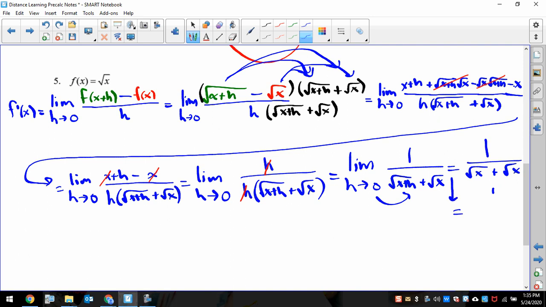So this is going to be 1 over 2 square roots of x. Again, this is called the derivative. So notice that our answer here has an x value in it. So our answer is a function. So that function is called the derivative, or it's written f prime of x. So there it is, the derivative again.